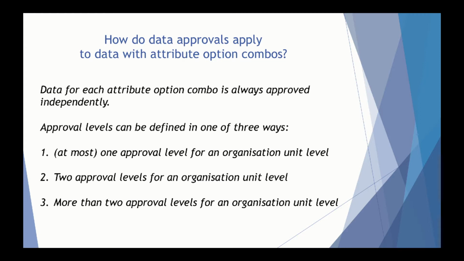Attribute option combos in DHIS2 are a lot like having separate virtual systems within the same larger system. So if you have attribute option combos, you can say, for someone in a certain partner or someone working on a certain project, this is the whole system. All you can see is the data for that partner or that project. You can set it up in DHIS2 that way. And someone else working on another project, as far as they can see, all the data in the system is only the data on that project. So it's like they're virtualizing DHIS2. They're each seeing the same data elements, or at least the ones you share with them.